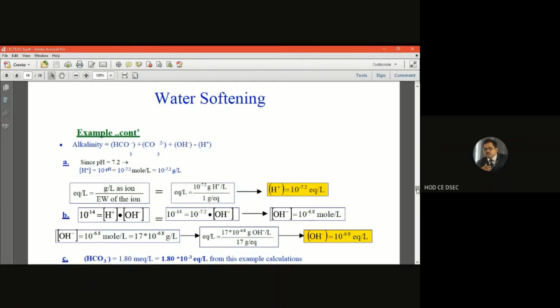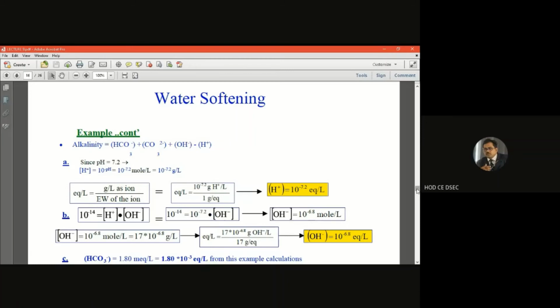Now applying this principle, in this equation only one is unknown, that is the OH minus, because H plus is known, already obtained from the pH value. So what OH value will be obtained from this equation? It is obtained by substituting the value of H plus in this equation.